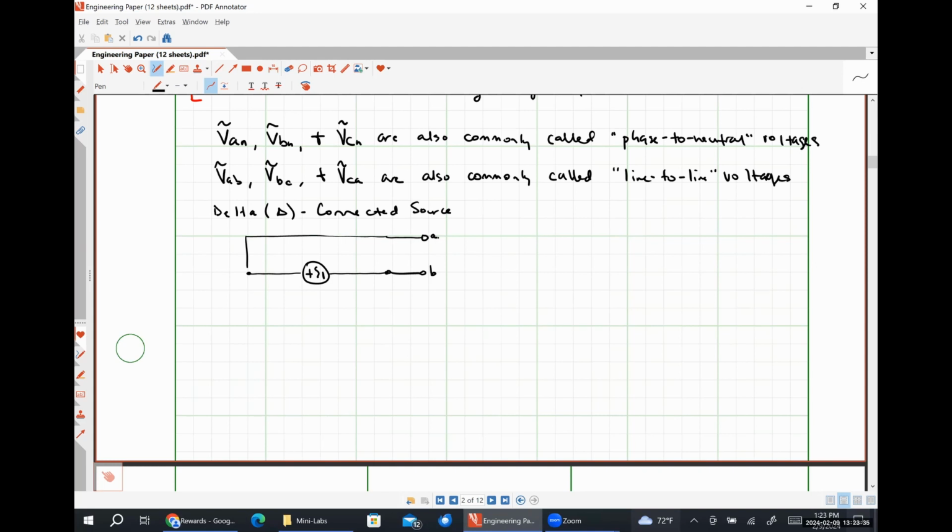Because this voltage is between the A and B terminals of the network, I'm going to call it VAB. I'm going to put a voltage here that will be between the B and C terminals of the network. So this will be VBC. And then I'm going to have a voltage here between the C and A terminals of the network. So this will be VCA.